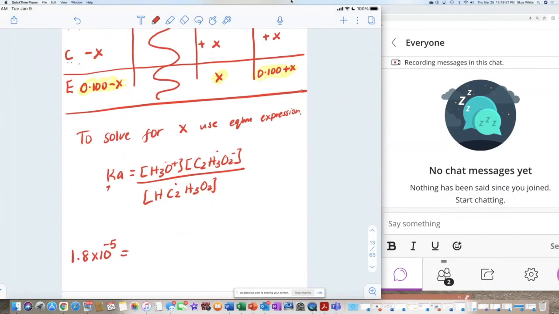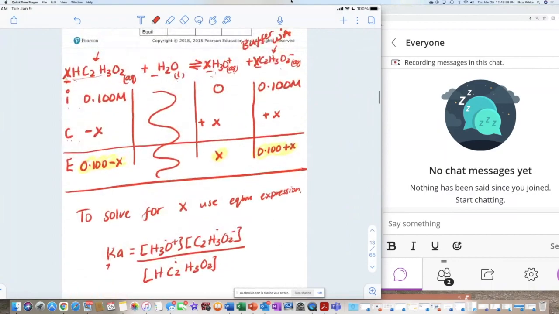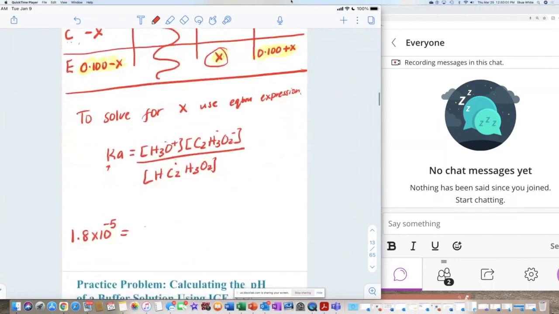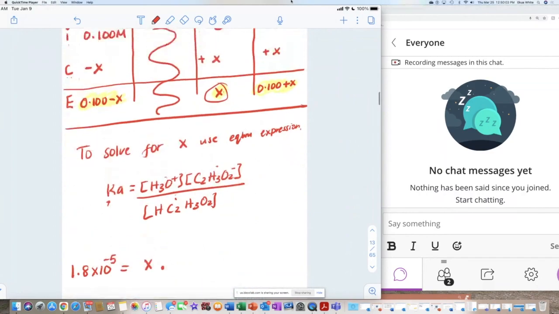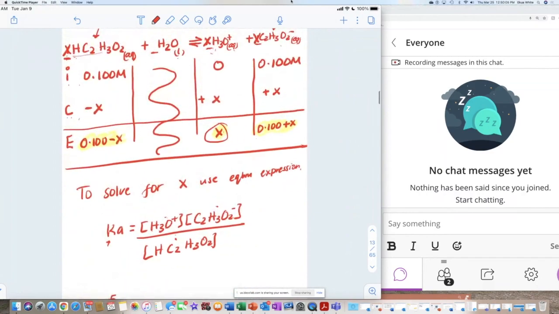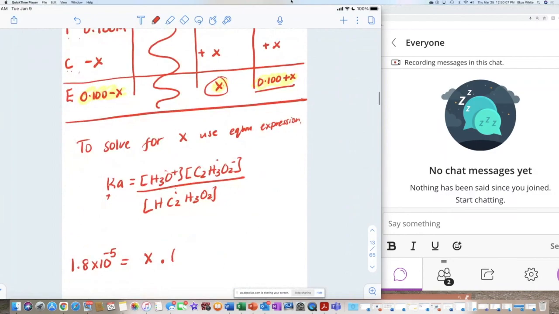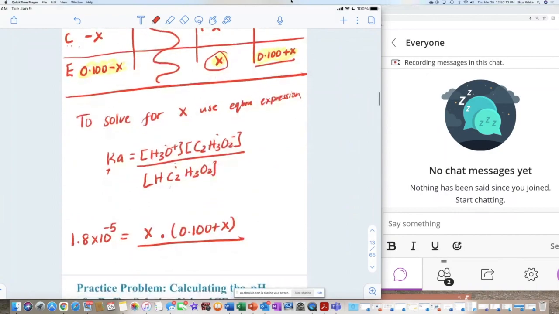What's my value of H3O+ at equilibrium? This is x. x times this one here, 0.100 plus x, divided by this number here, 0.100 minus x.